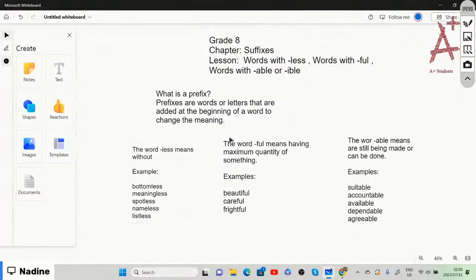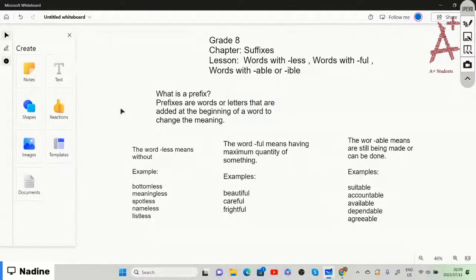So what is a prefix? Prefixes are words or letters that are added at the beginning of a word to change the meaning, right? So remember, a prefix is added at the beginning of a word. And last time in our lessons we mentioned suffixes, a suffix being added at the end of the root word.